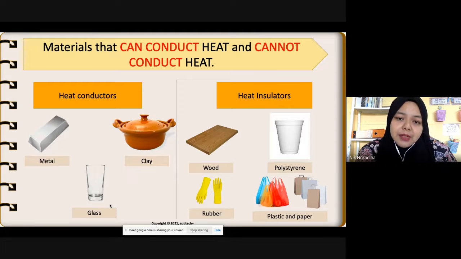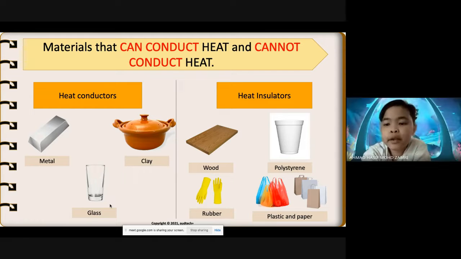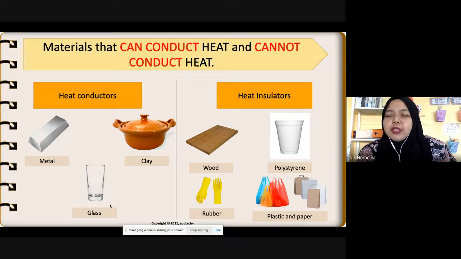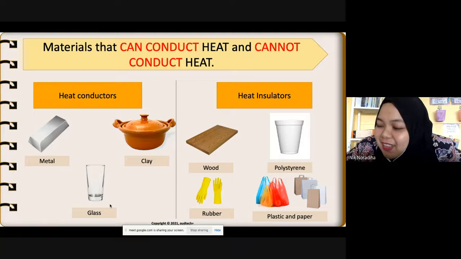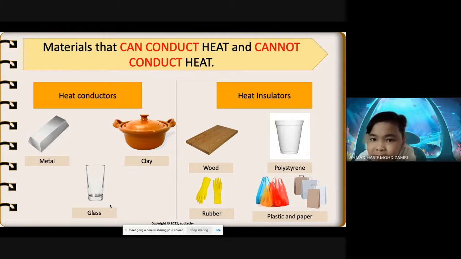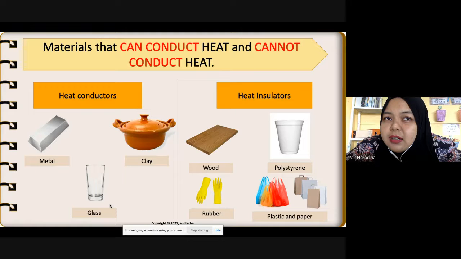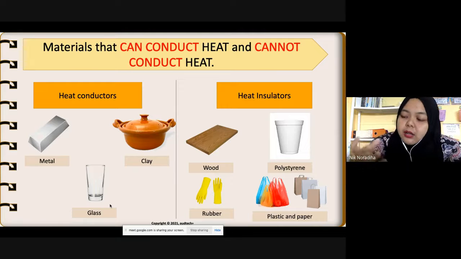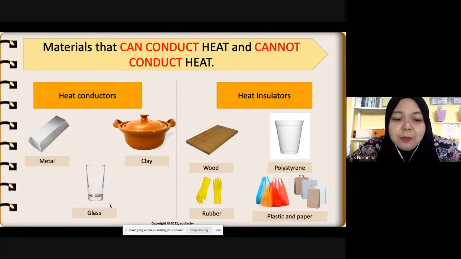For example, if you're holding hot water in a glass, can you feel the glass is hot, Hasif?